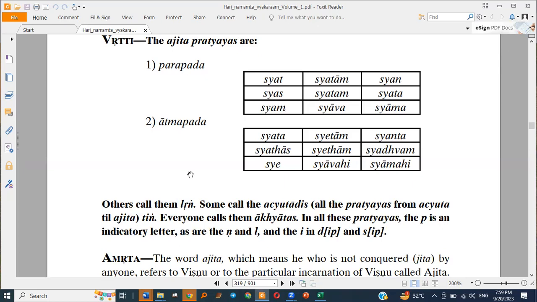Any question here? And please do memorize in this sequence. Syat, Syatam, Syan, row wise, not column wise. I'm sorry. I said it column wise, like Syat, Syatam, Syan, Syat, Syatam, Syata, Syam, Syava, Syama.